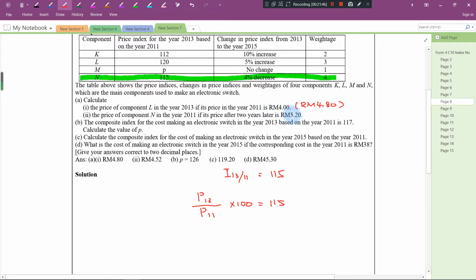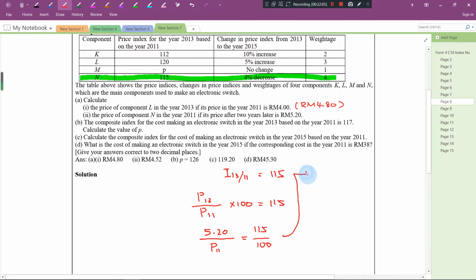Okay, so the given price here is 2 years later. It means that this price is actually in the year 2013. So I am going to place this over here. So this is P11. I move the 100 over here.